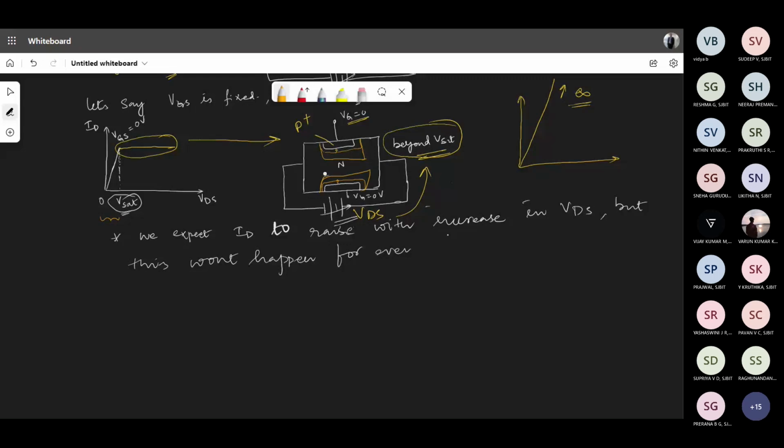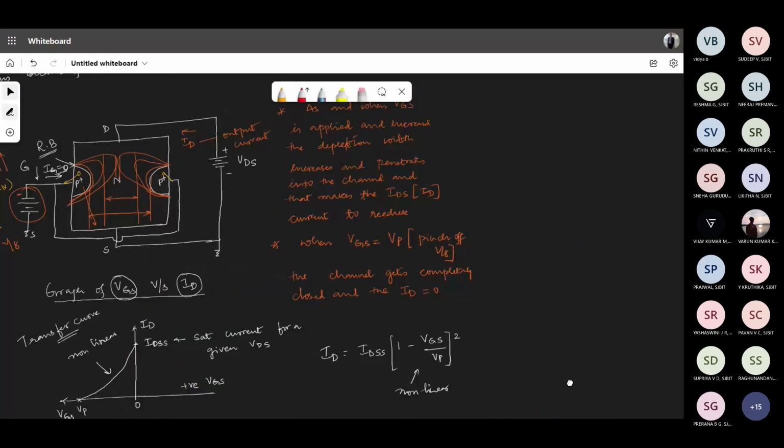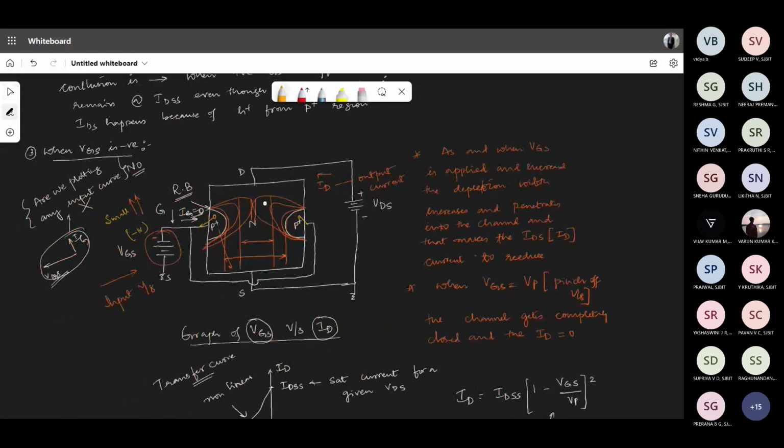And if you observed while I was explaining the other case, when VGS is negative, how did I indicate the shape of the depletion region? It is like this, more towards the drain.